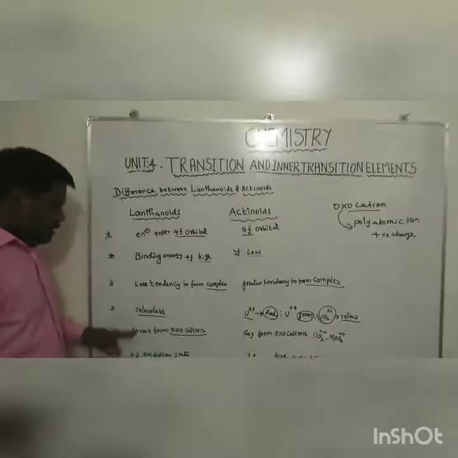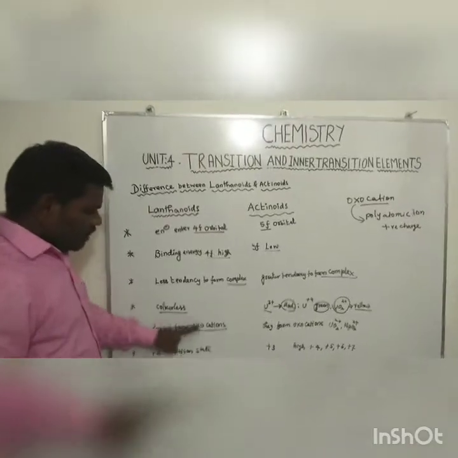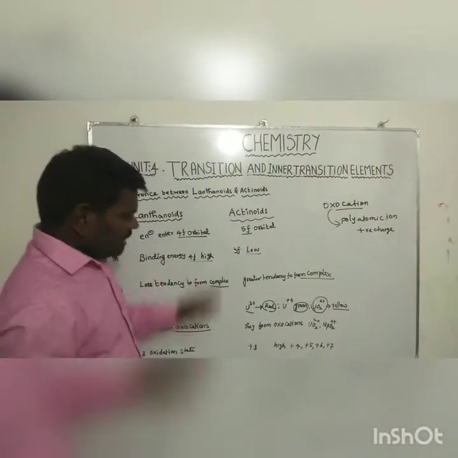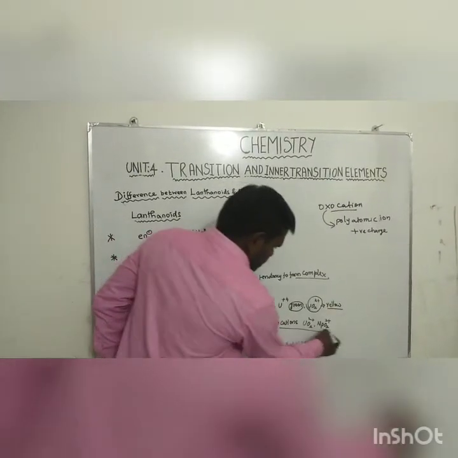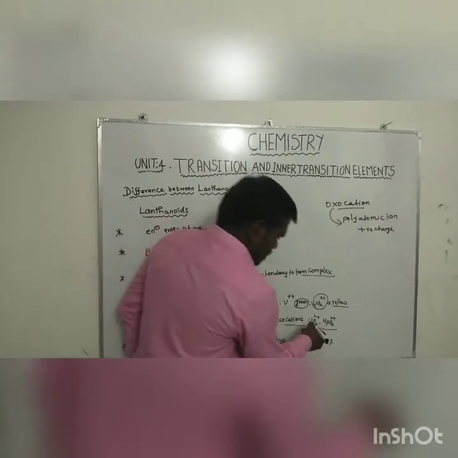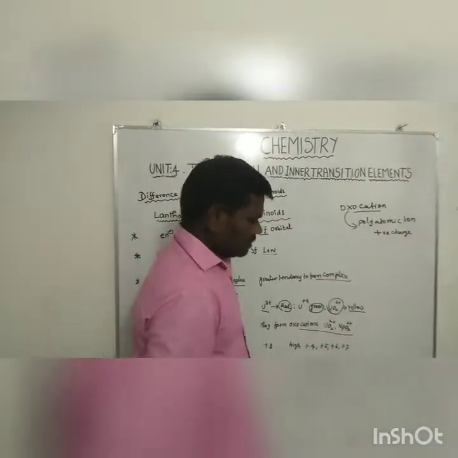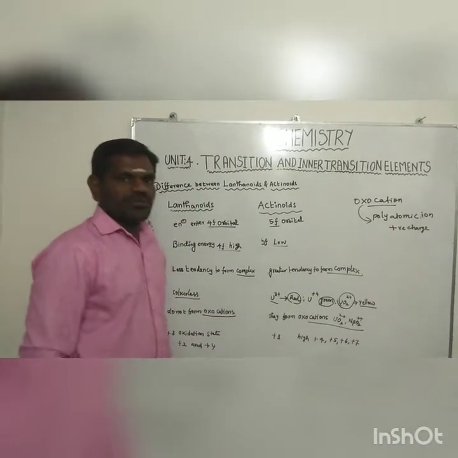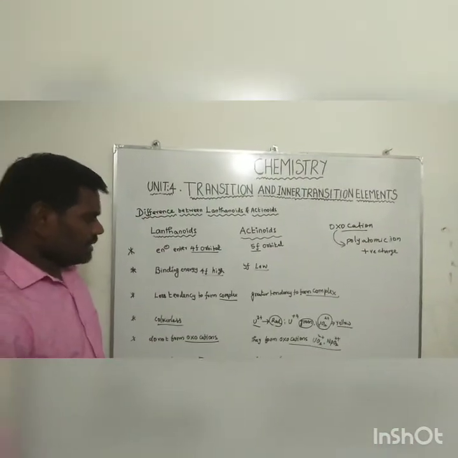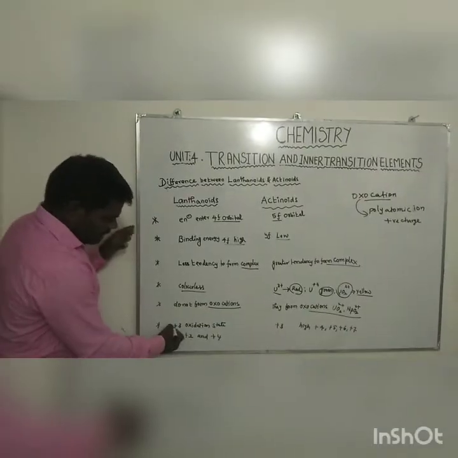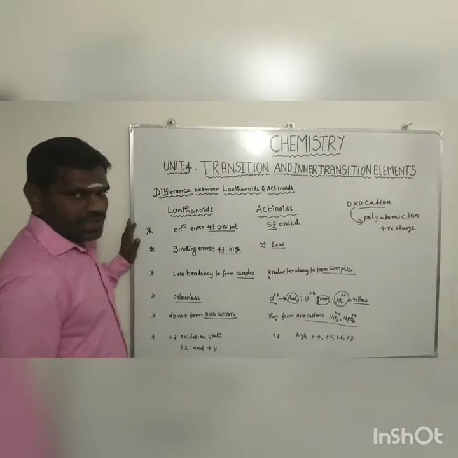The lanthanides do not form oxocations, but actinides form many oxocations. For example, uranyl dioxide and neptunium dioxide are very important examples of oxocations. The last one is oxidation state.